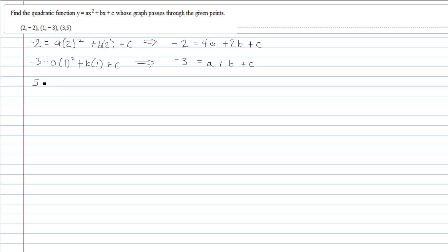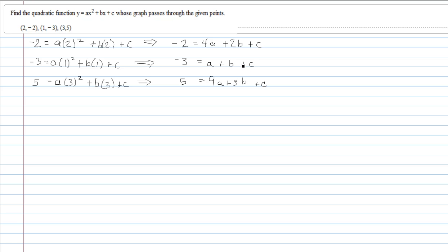So we have 5 equals a times 3 squared plus b times 3 plus c. That gives us 5 equals 9a plus 3b plus c.